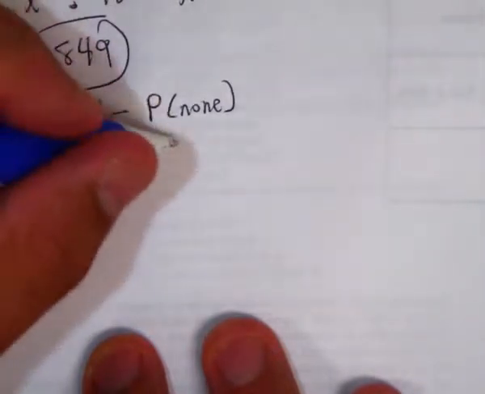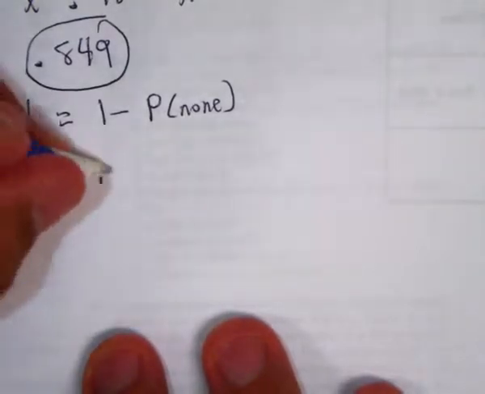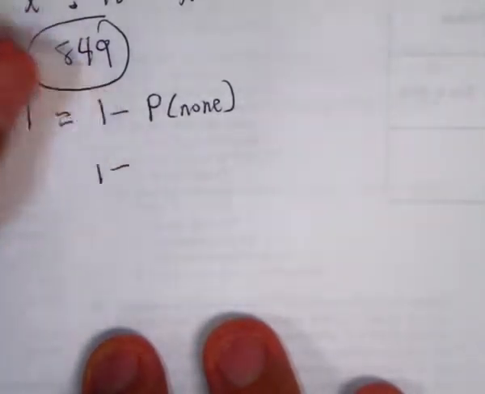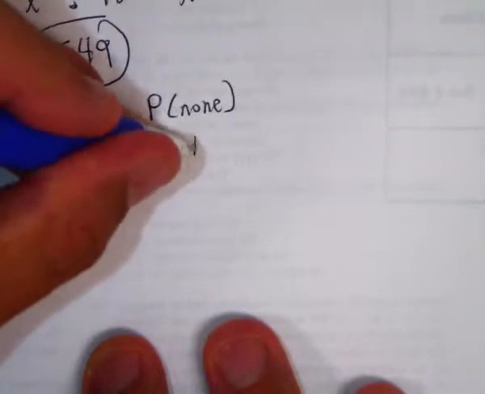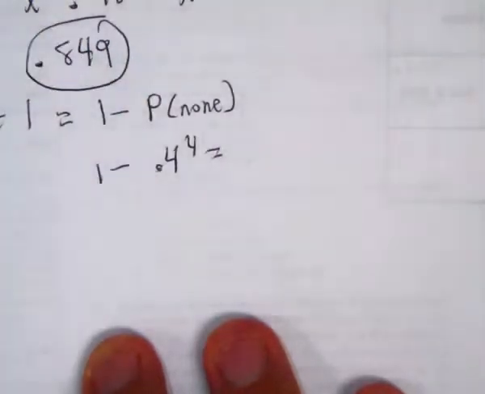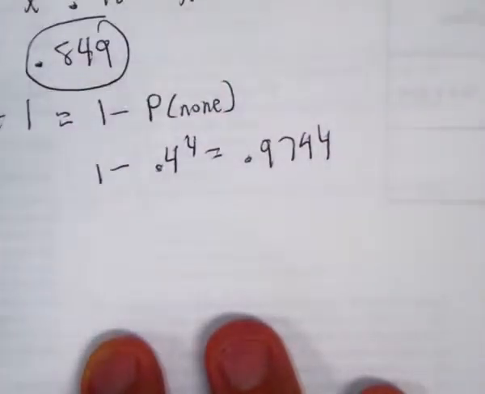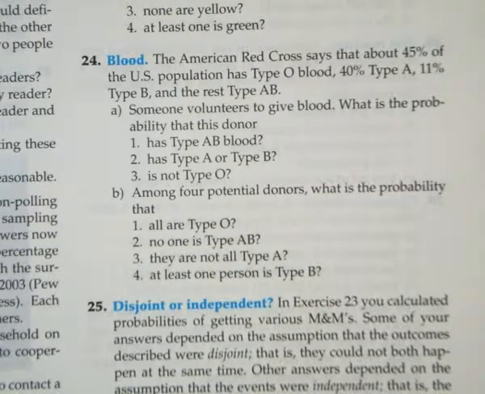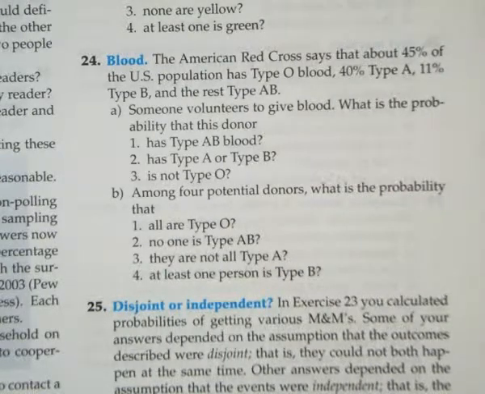We're going to do 1 minus the probability that they are all type A, which is 0.4 to the fourth, or 40% to the fourth, and that comes out to 0.9744. It's confusing the way they worded it, but that's really what it means.